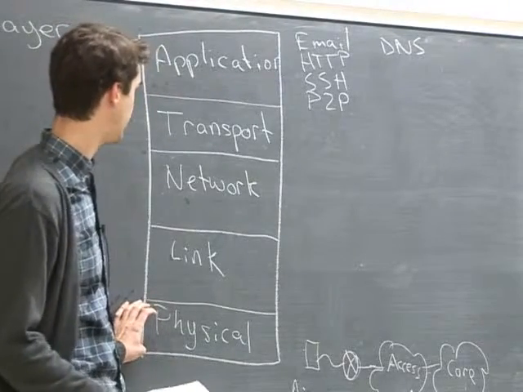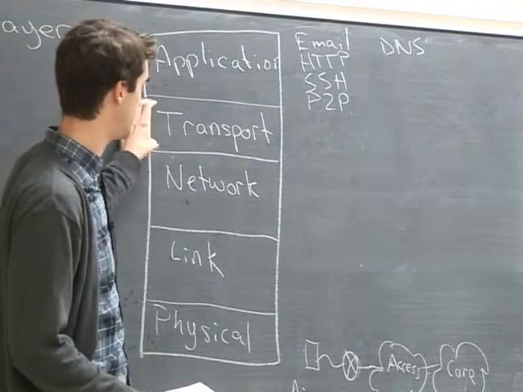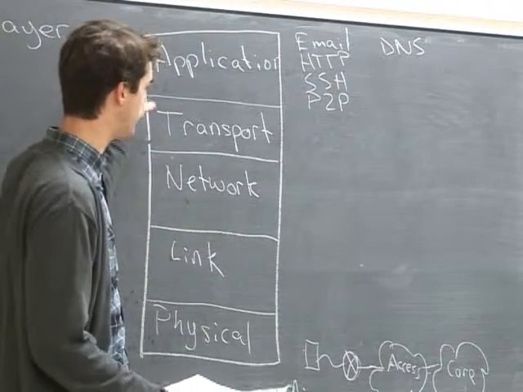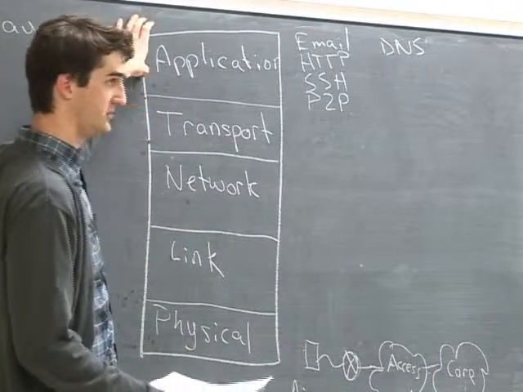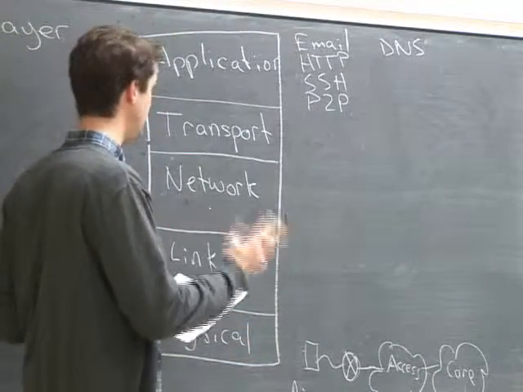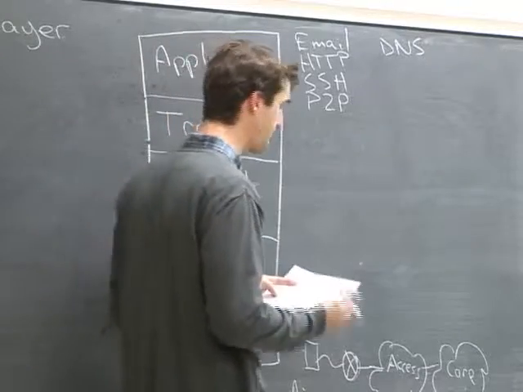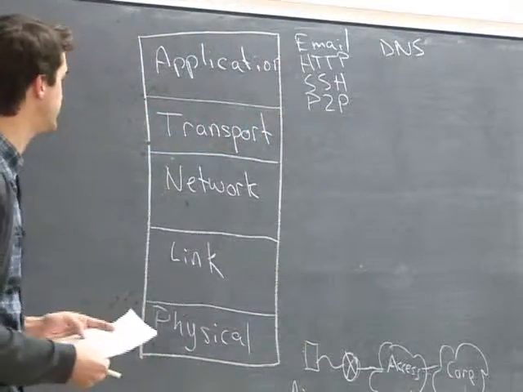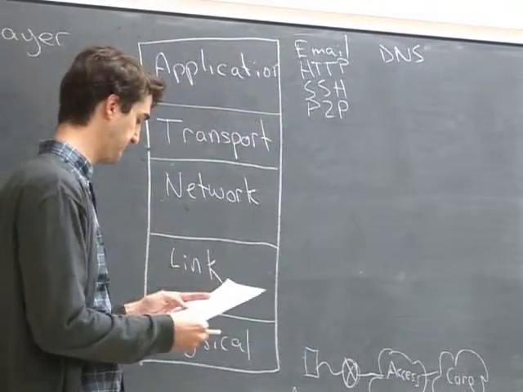However, the physical layer handles that, and the other layers on top of that add functionality to make it easy to write applications. So let's move on to give a brief overview of the network layer, just so you understand what it does, and also the link layer.